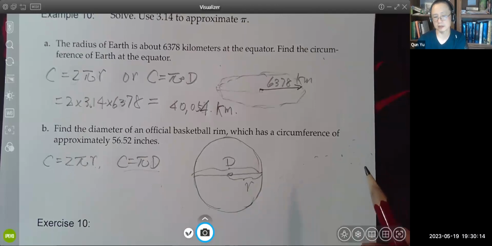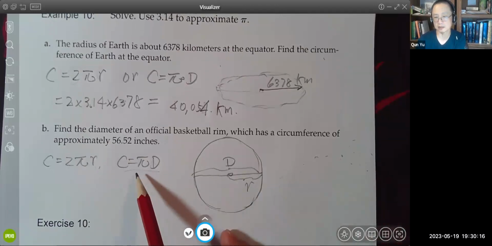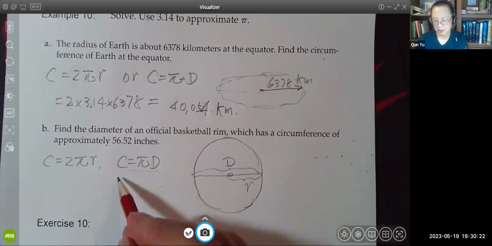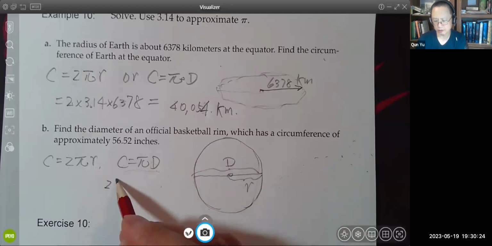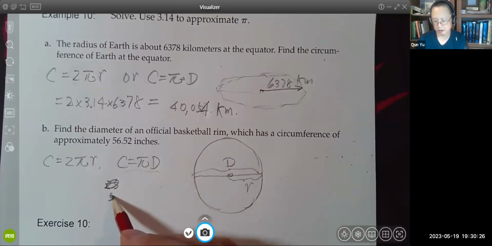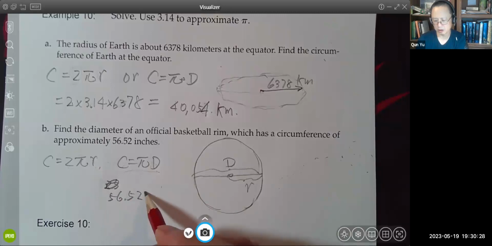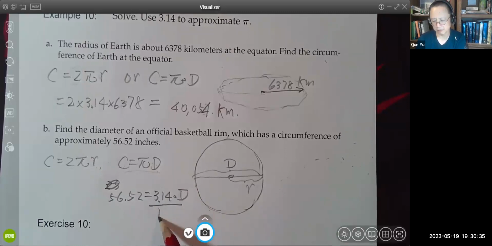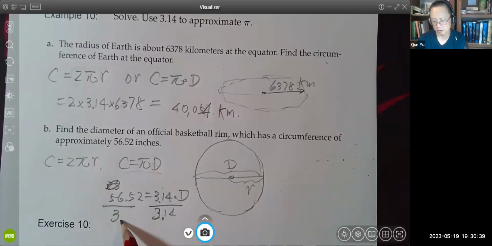Fundamentally, there's no difference. Either one is okay, but this one is just a little bit more convenient because we get D directly. So apparently, the circumference is given: 56.52 equals 3.14 times D. When we solve it for D, we do that by dividing by 3.14 on both sides.